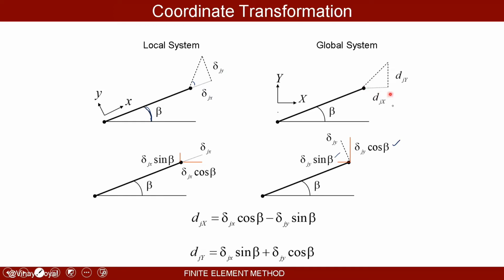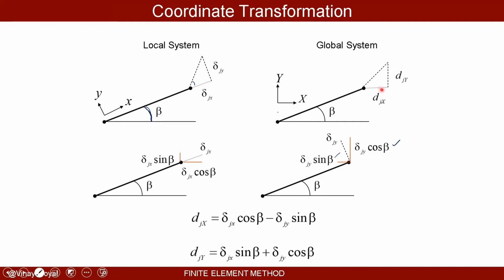And so what I'd like to know is, when I decompose this delta jx and delta jy, how that relates to the global coordinate system. In the global coordinate system, I have x and y, and I would like to know how the Djx and Djy, which are deflections in the global coordinate system, relate to delta jx and delta jy.